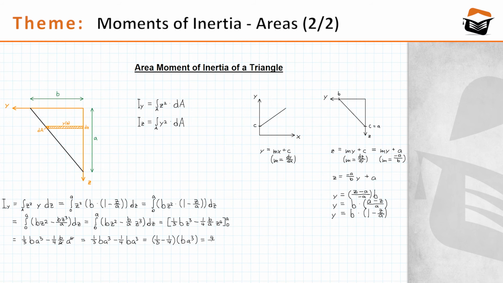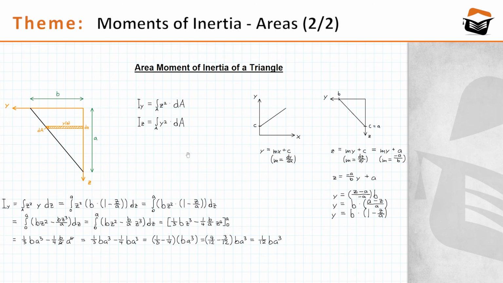We have 4/12 minus 3/12 times b times a to the third power, and that is equal to 1/12 b times a to the third power.